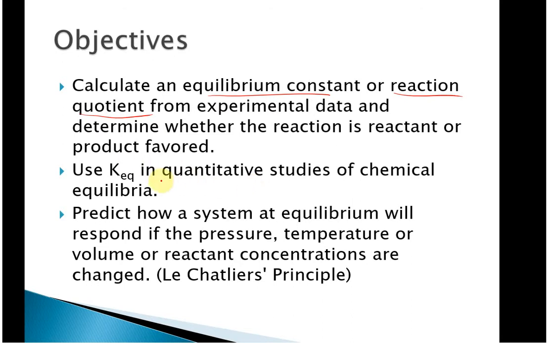We're going to do some quantitative studies, but the math is actually kind of fun because we make some assumptions and estimations that keep the math relatively simple. Then we're going to look primarily at Le Chatelier's principle, which says, if you apply a pressure, how is it going to affect the overall system?